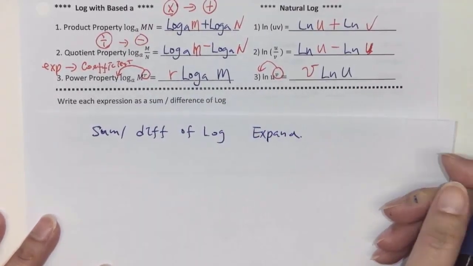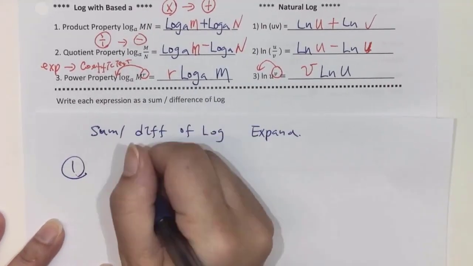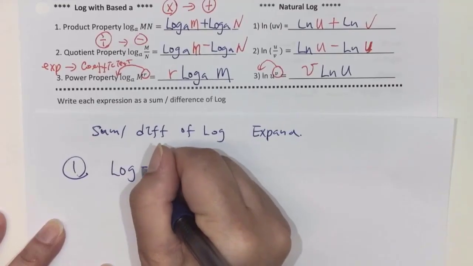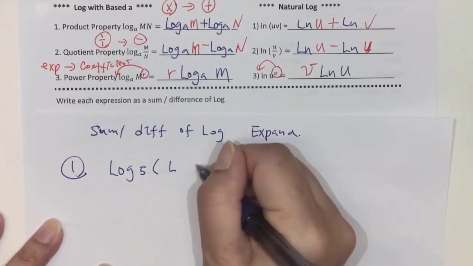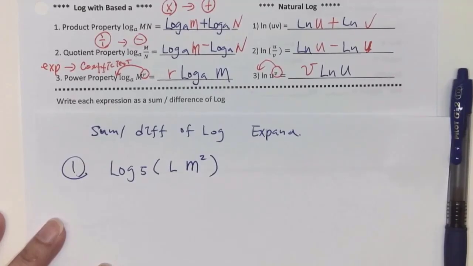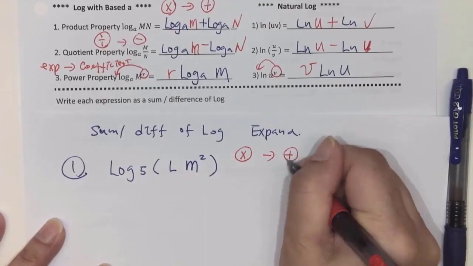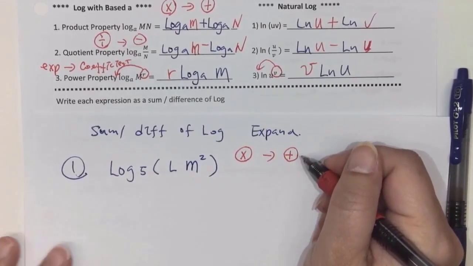Okay, so you will see that on the quiz on Tuesday. One, I'm going to have log base 5 of L M squared. So this looks like multiplication. It's going to turn into what? Additions.